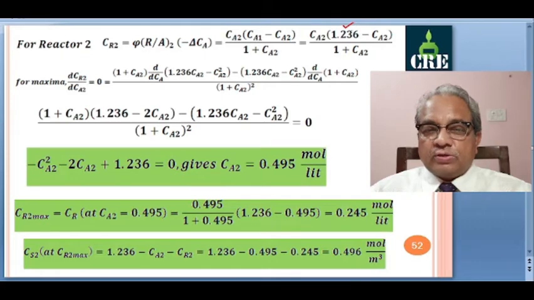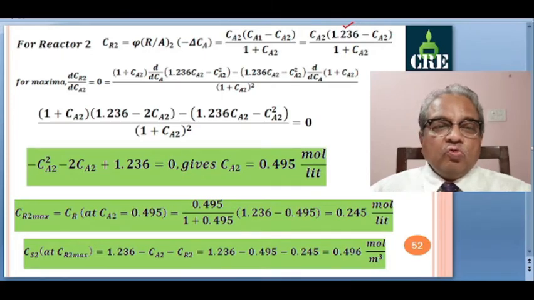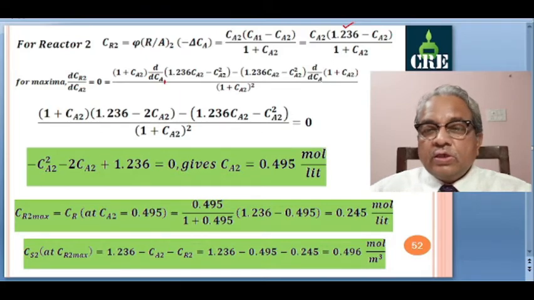CA1 is 1.236. CA2 we have to maximize, so dCR2 by dCA2, the derivative of this, again by the same method, the quotient rule.